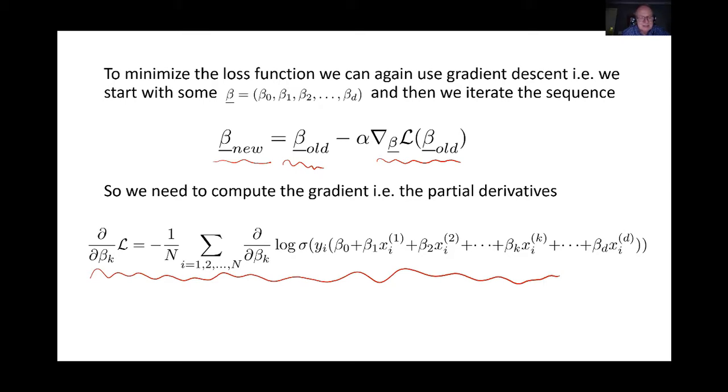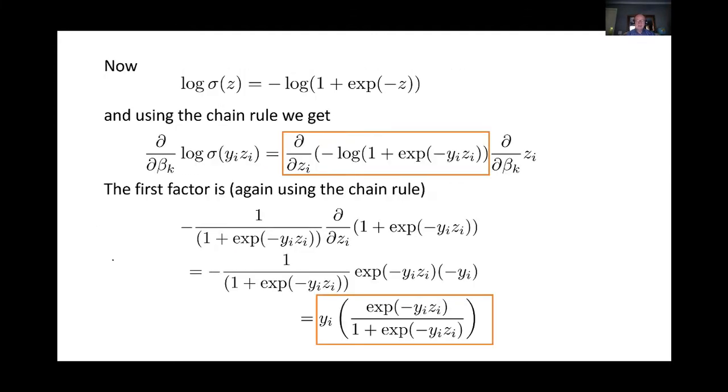Again, the loss function is a sum of these log terms. So taking the partial derivatives of the loss function is just taking the partial of each of the terms and then summing them up. That's not the hard part. The hard part is to compute the derivative of these terms.